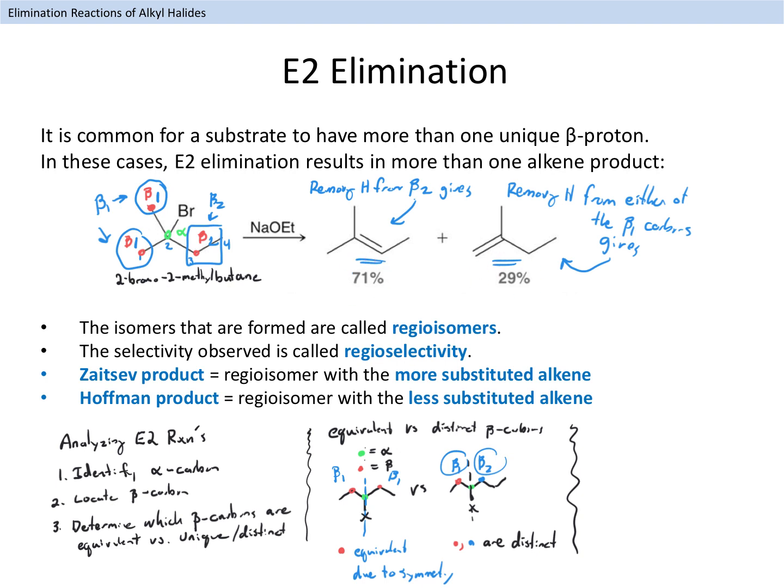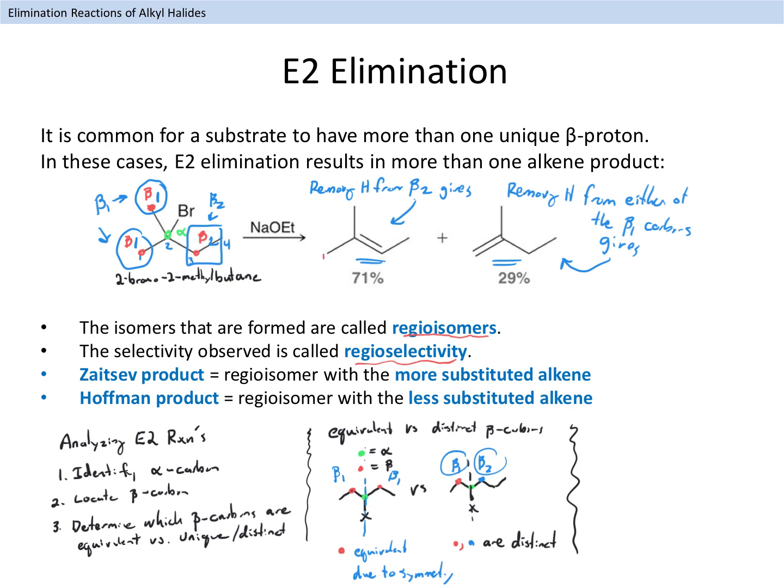The favored product, by far, is the one resulting from the elimination from beta 2. Notice that these compounds are isomers. They have the same formula, but are structurally different from one another. These types of isomers are known as regioisomers, and the preference for forming one regioisomer over another is called regioselectivity.